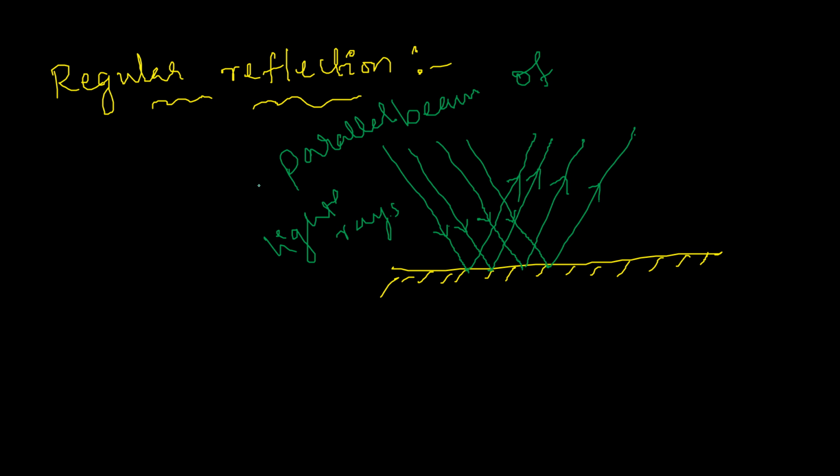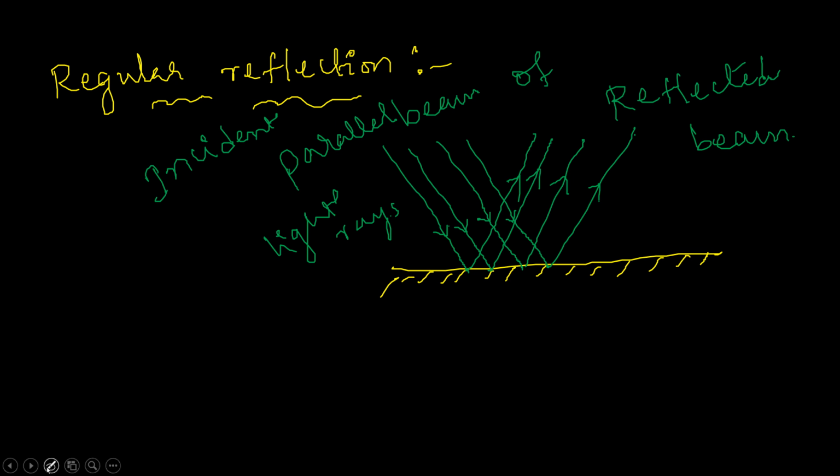Here these are the incident light rays, the incident parallel beam of light rays, and here the reflected beam, also parallel to each other. This type of reflection is called regular reflection.